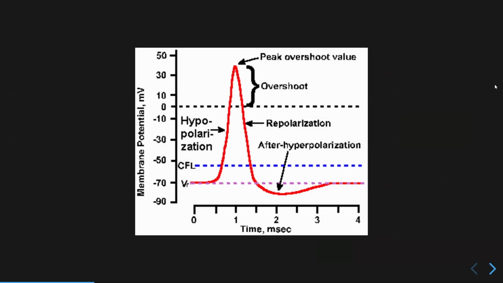So let's go into a little bit more detail here. And by the way, don't be intimidated by all the terms you see on the screen right now. We will break them down. So first, let's start right here at our time zero. This is our resting membrane potential. And by the way, membrane potential just means what is the difference of electrical charge from inside and outside the neuron.